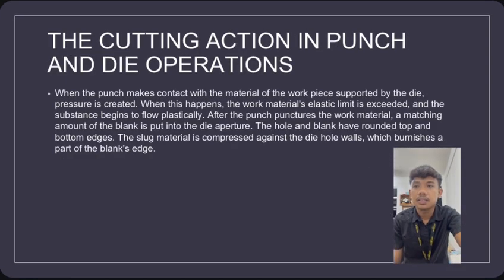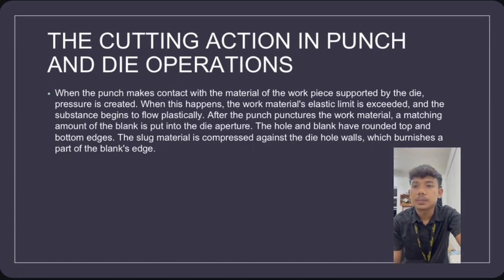The cutting action in punch and die operation. When the punch makes contact with the material of the workpiece supported by the die, pressure is created. When this happens, the work material's elastic limit is exceeded, and the substance begins to flow plastically.